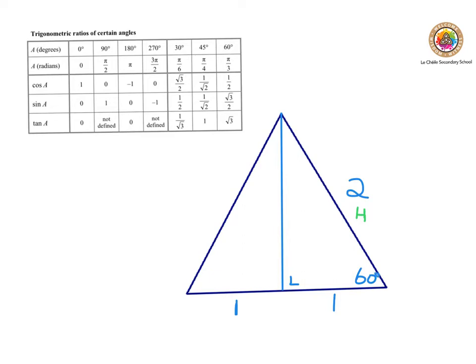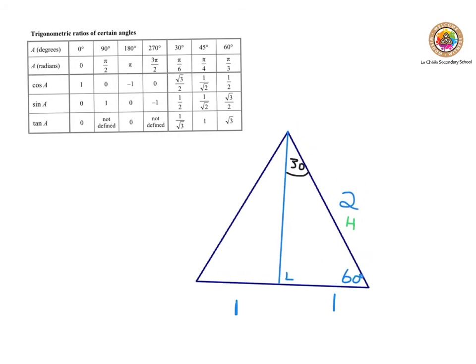So this angle up here at the top, where I've bisected it with my vertical line, this must be 30 degrees. And just to complete our right angle triangle, I need to get this length here. So here I have a right angle triangle with two sides. To get the other one, I'm going to use Pythagoras' theorem.